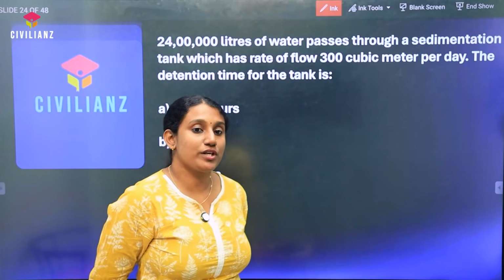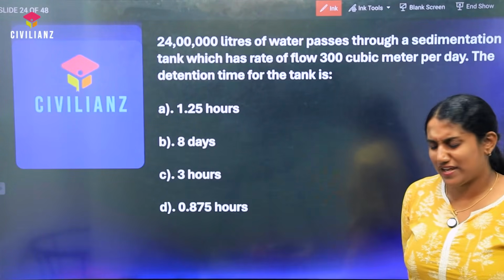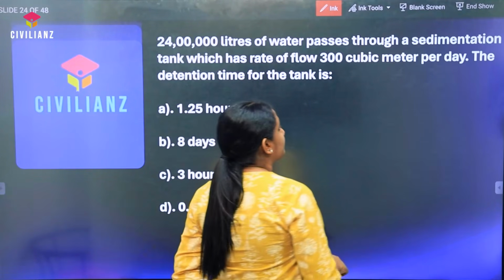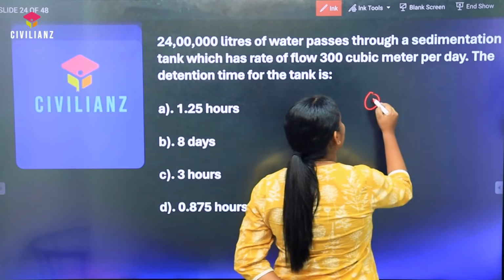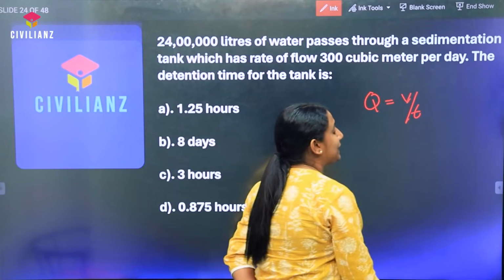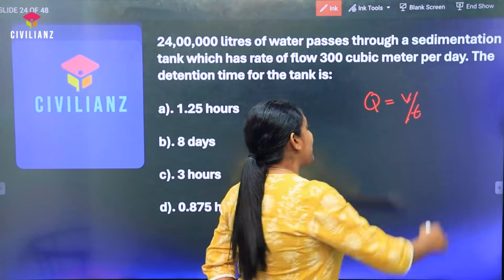Do you know that equation? Volume, time, discharge relation equation. It's a very basic equation. Q equal to V divided by time, volume divided by time. Discharge is equal to volume divided by time. That is meter cube per day.